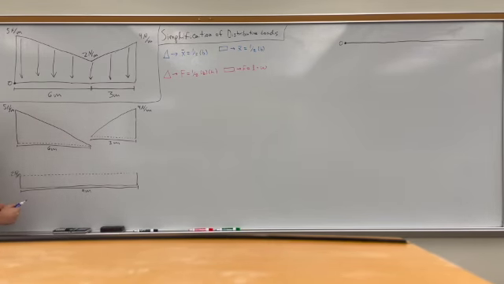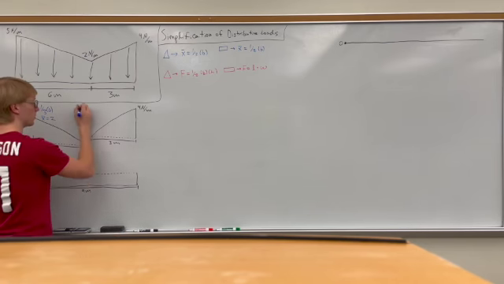And so for our triangle, for the distance, we're going to take 1/3 of our base, which is 6, right? So the distance is 2 meters from this edge. So it's about right here is where the load's going to be. Same goes for this one.